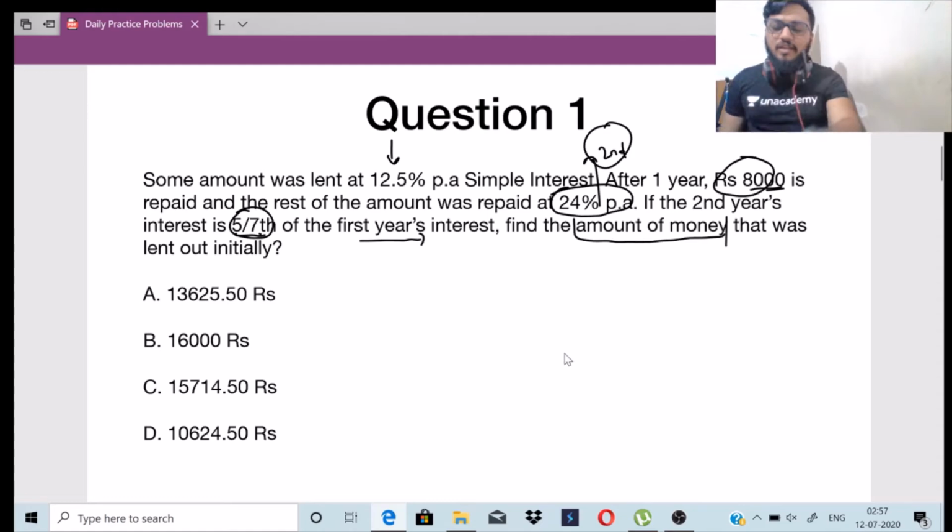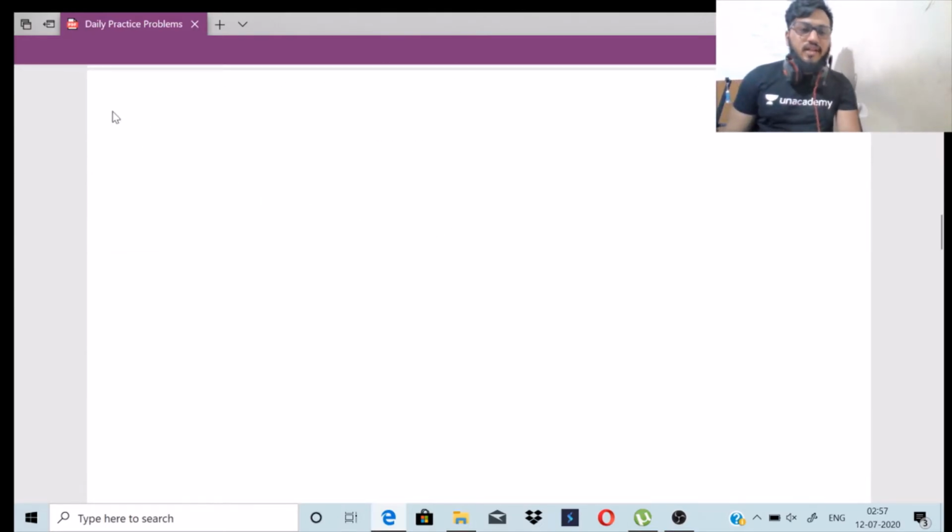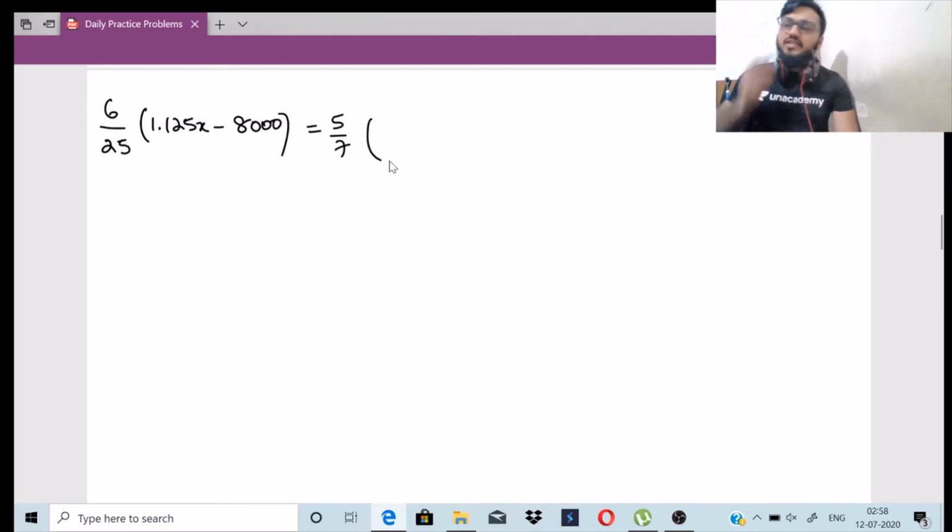What is the first year's interest? 12.5%. So let us formulate this: 6 by 25 into (1.125x minus 8,000) is equal to 5 by 7th of the first year's interest, right?